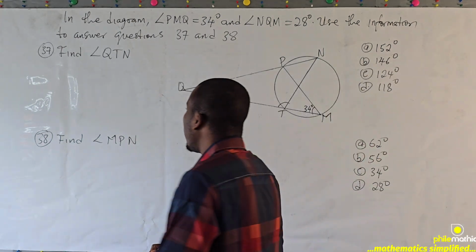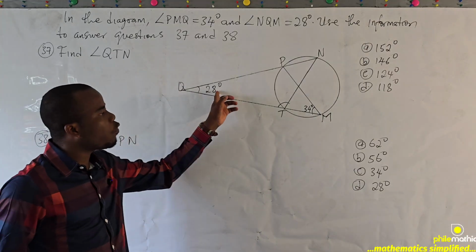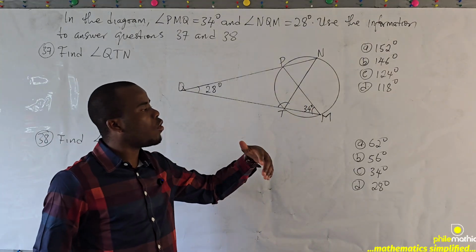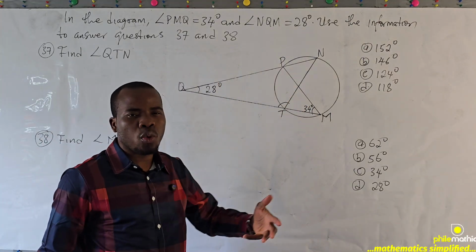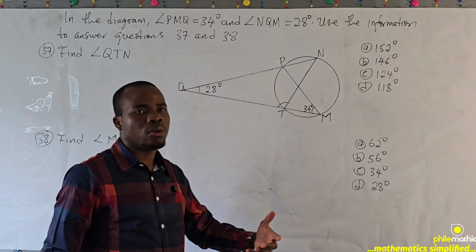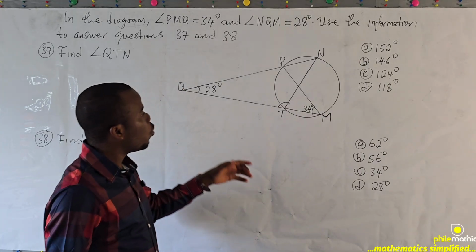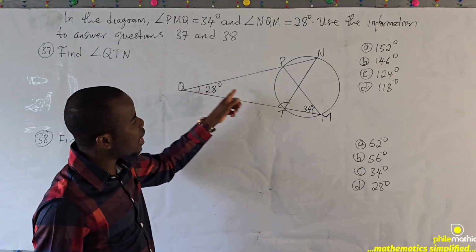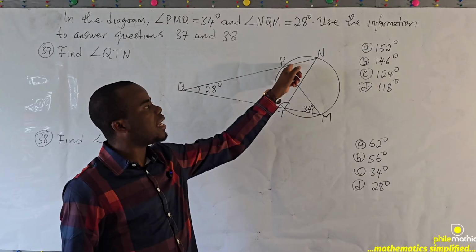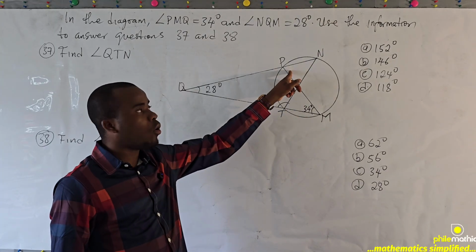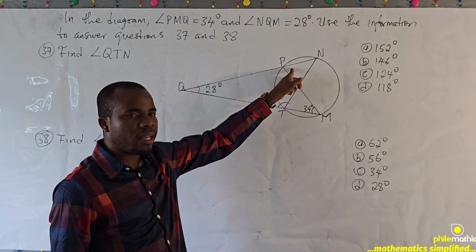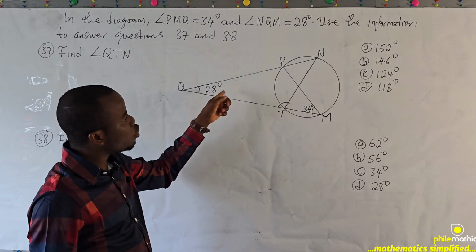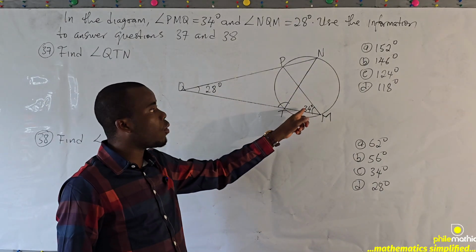And what I usually tell my students is start from the angles you know. You want to ask yourself, from the angles you know, which other angles can you get? So, merely looking at this and this, I can easily get to here because the exterior angle of a triangle is the sum of the two opposite interior angles.